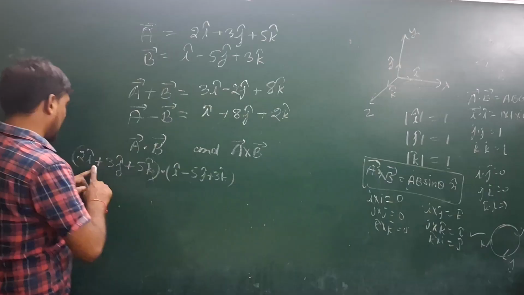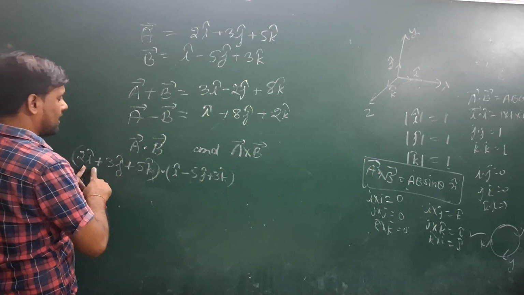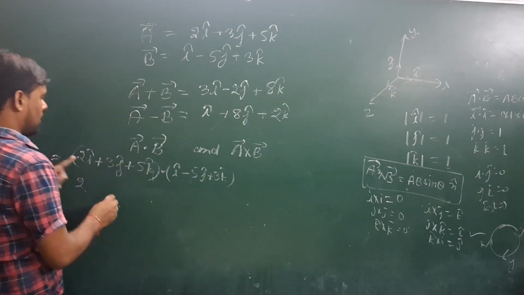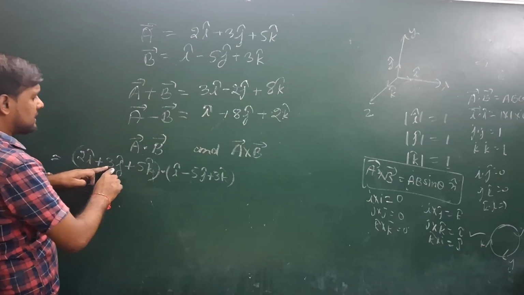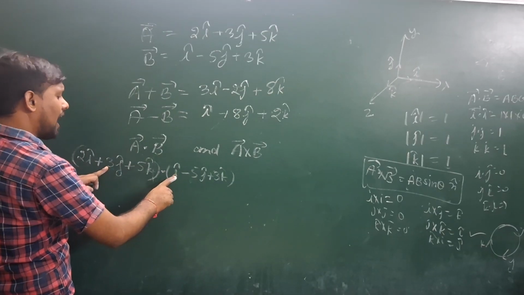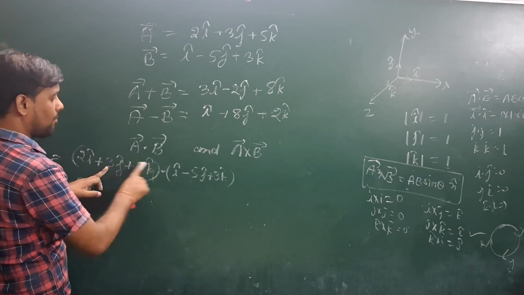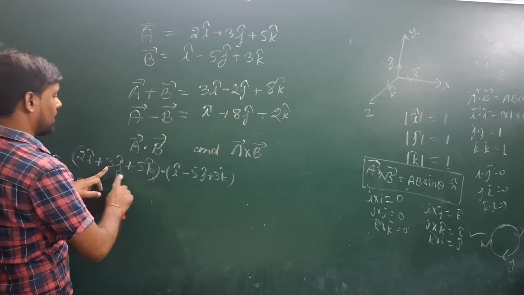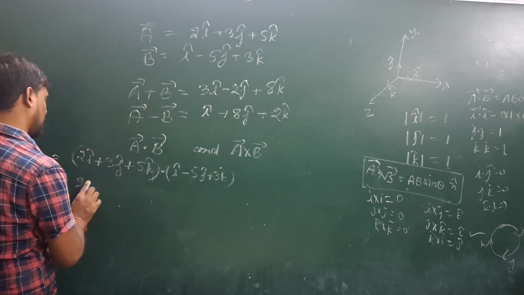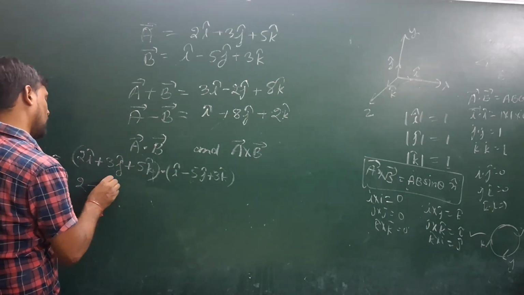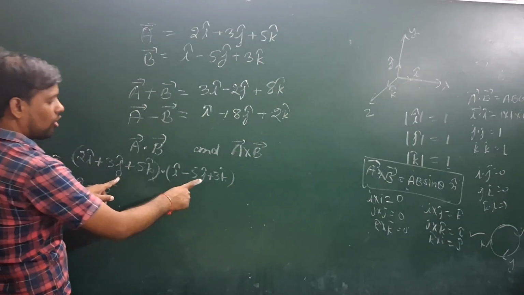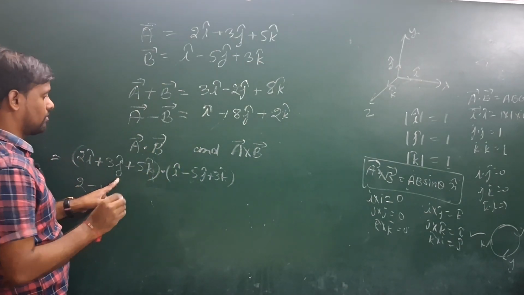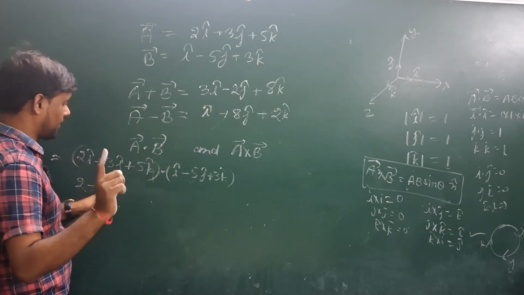Thus, I dot j is 0 and I dot k is 0. Now 3j multiplied by I becomes 0, and 3j multiplied by minus 5j gives minus 15, because j dot j is 1.